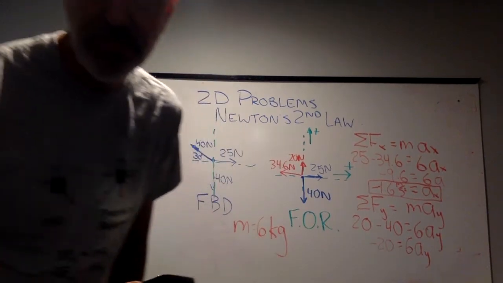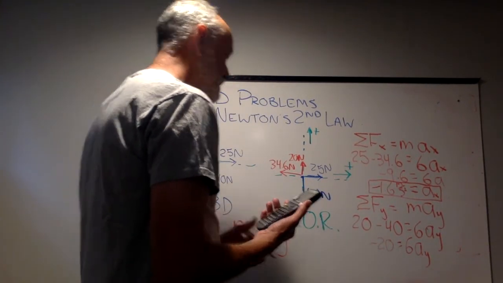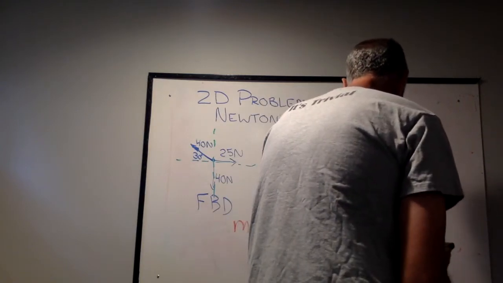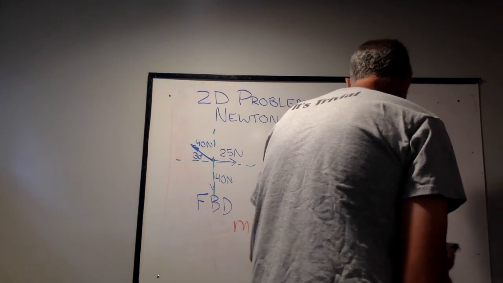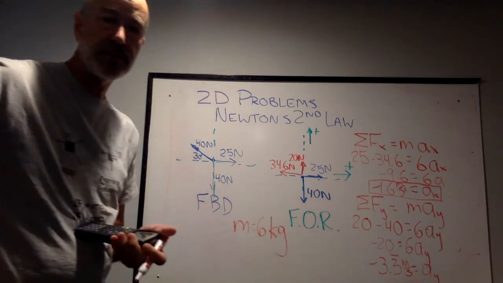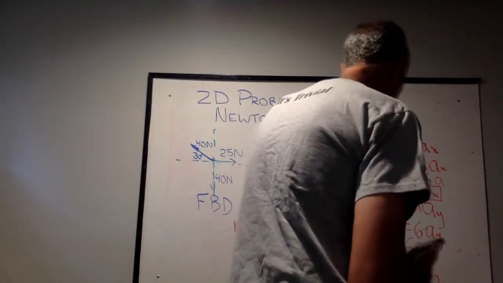I'm going to check to make sure. Yes, I think you can see that. And then 20 divided by 6 ends up being 3.3 repeating meters per second squared in the negative direction, is the y acceleration.